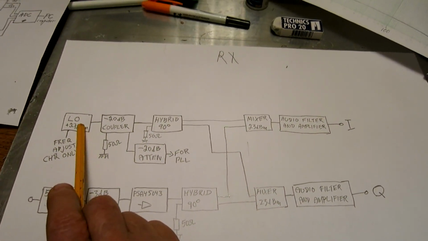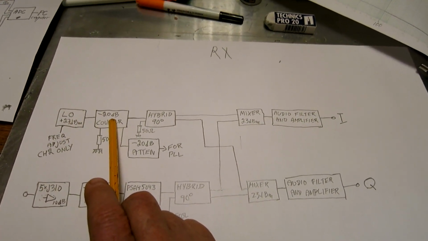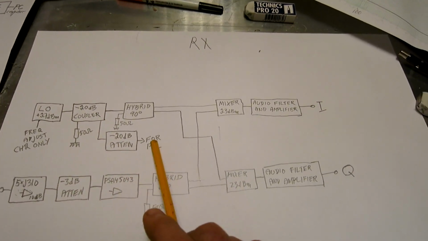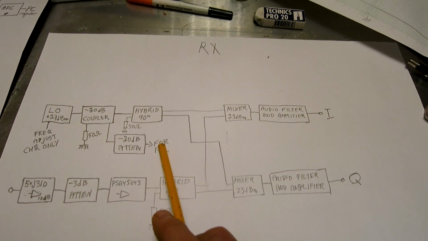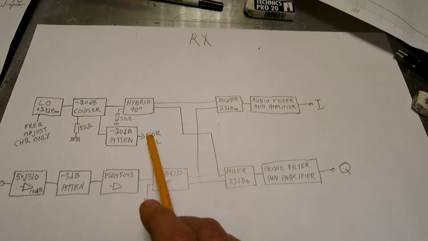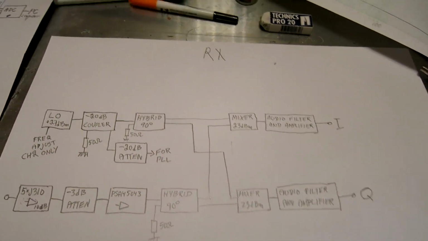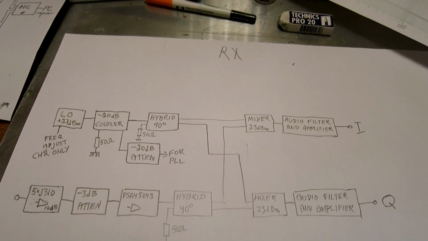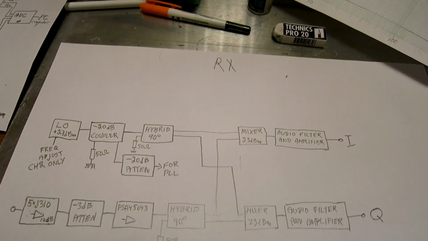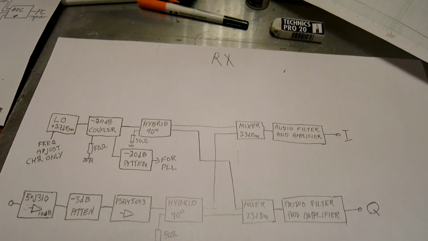The local oscillator, there is a coupler, 20 dB coupler, followed by a 20 dB attenuator going for the PLL system. This is to attenuate the leakage from the other oscillator into this oscillator, because if there is a small leakage between the oscillators, there will be some frequency pulling, which means that at very low frequencies there will be correlated noise.